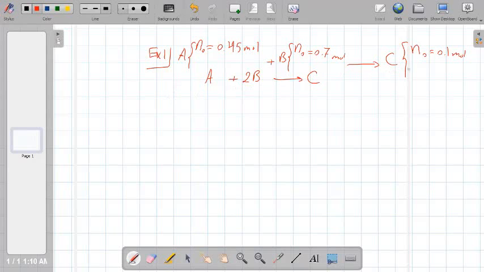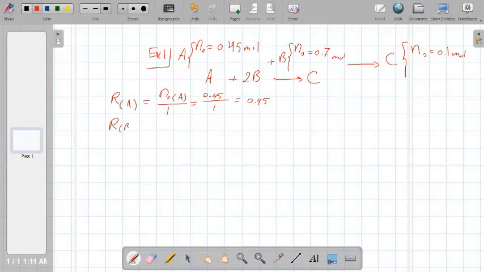Now, to calculate the number of mole of C formed at the end of the reaction, we should use which reactant, A or B? We cannot know directly. We should identify the limiting reactant. To identify the limiting reactant, we calculate the ratio for each reactant. Ratio of A equals N0, initial number of mole of A, over stoichiometry, which is 1, equals 0.45 over 1 equals 0.45 without unit.